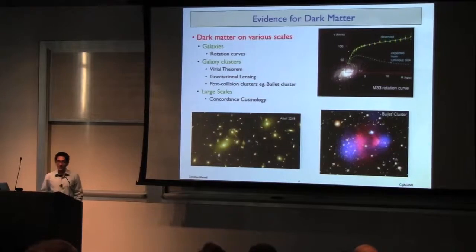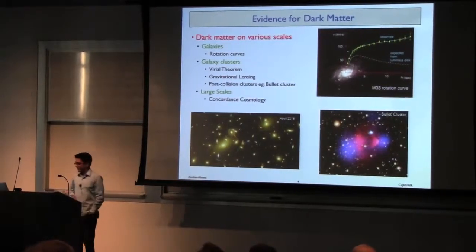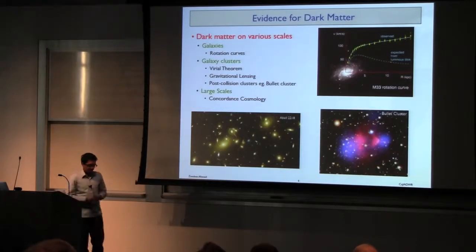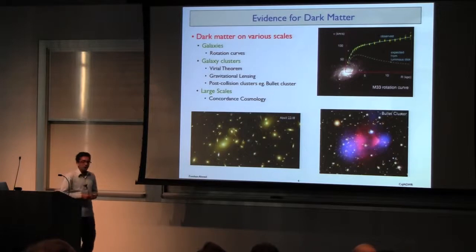Moving on from galaxies to galaxy clusters, we observe dark matter in a variety of ways in galaxy clusters. Just using the virial theorem, you can observe a cluster of galaxies, look at the relative motion of the galaxies, compute virial radii and masses, and see what the actual mass of these galaxies is.